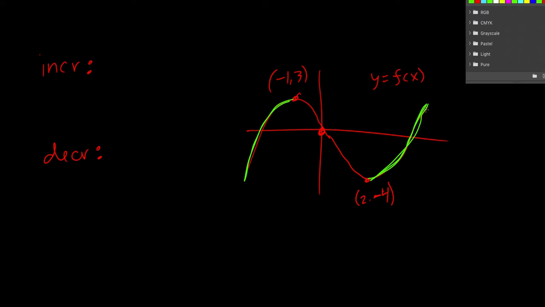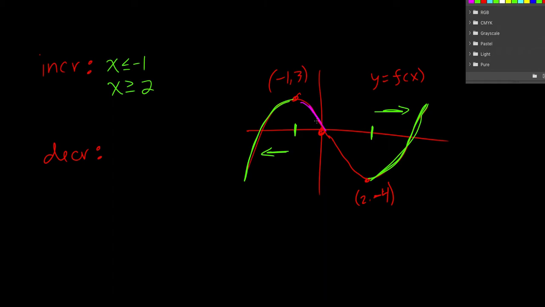And so the way that we're going to write that is we just look at the x values of those 2 points. And if we're going to the left of this x value, which is -1, so x is less than or equal to -1. Now if we're going to the right from this point, which the x value is 2, we say x is greater than or equal to 2. Okay, so that's everything on increasing.